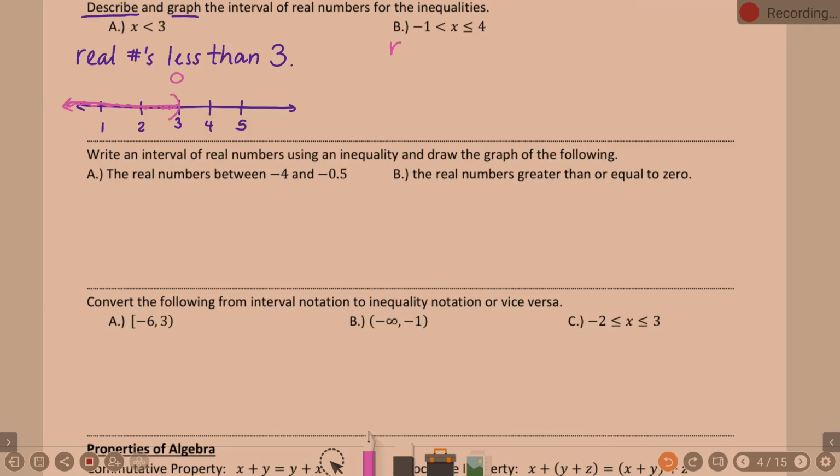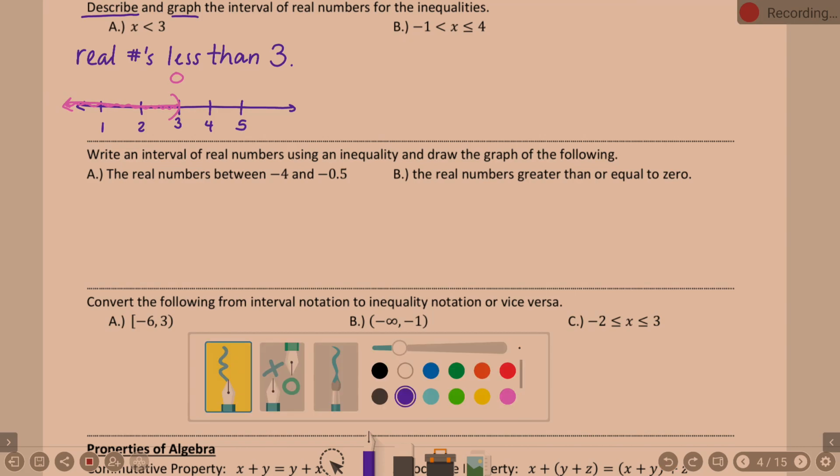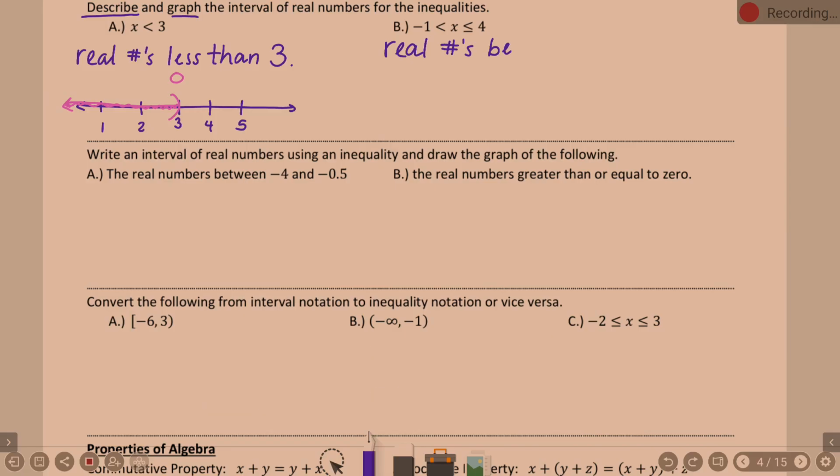So if we were to write it like real numbers greater than -1 and less than or equal to 4, does that still work? It's not wrong. I'm kind of looking for you to describe, not just translate it. Does that make sense? Yeah.